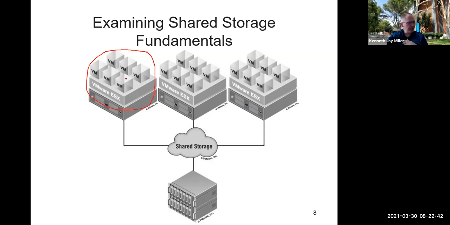Just these VMs. All of these VMs are going to go offline if this server goes down. But all of these other VMs are fine, and anything on this disk subsystem is fine.